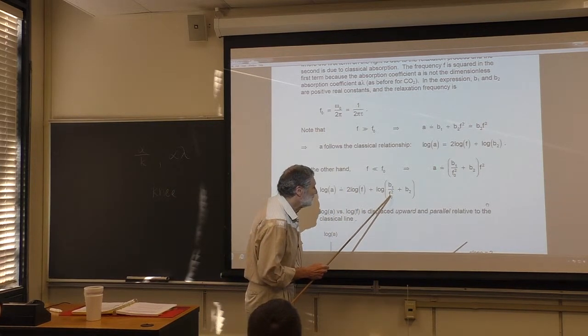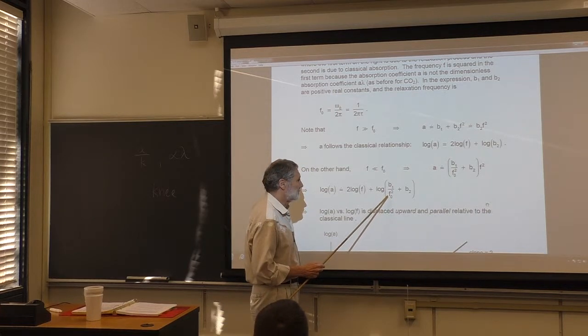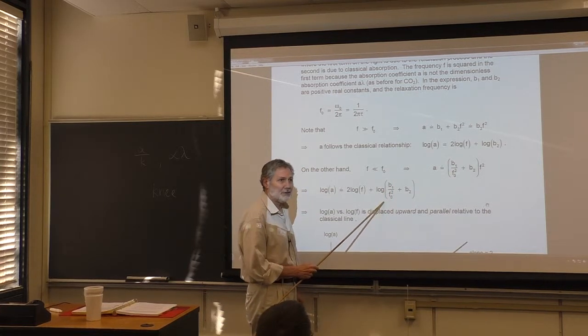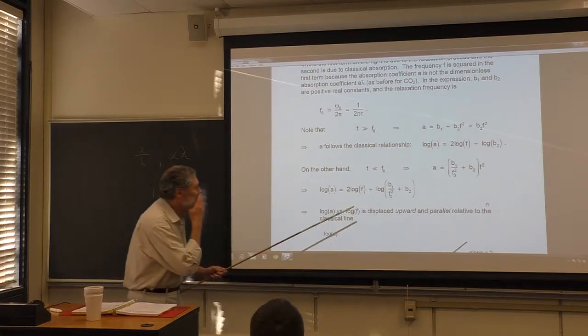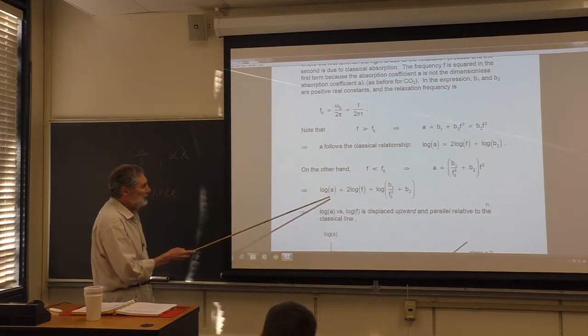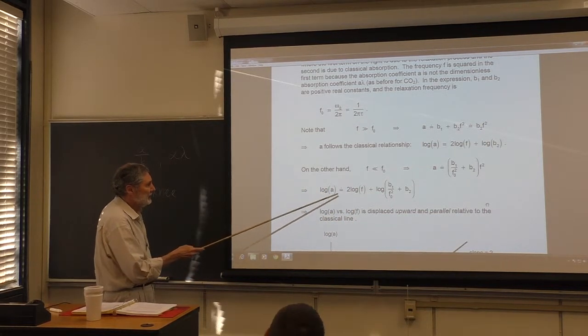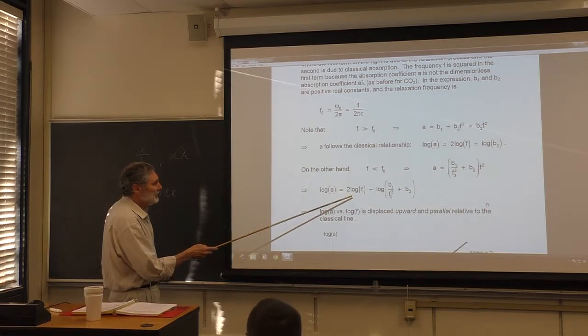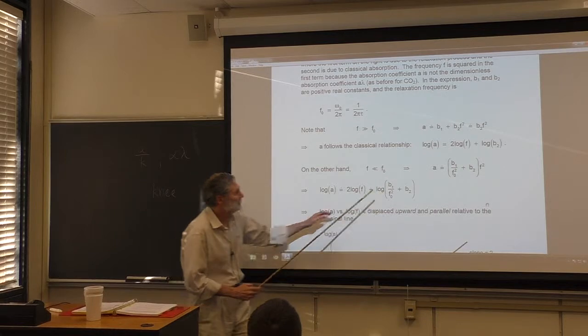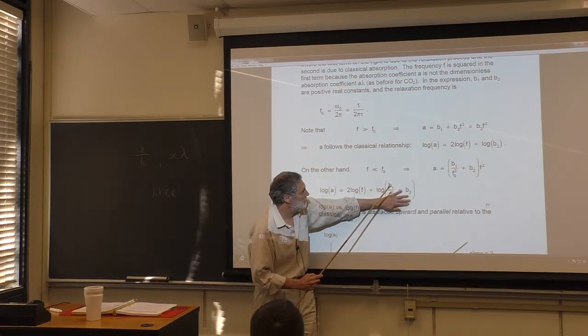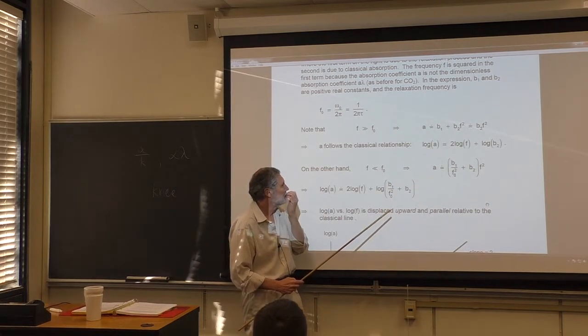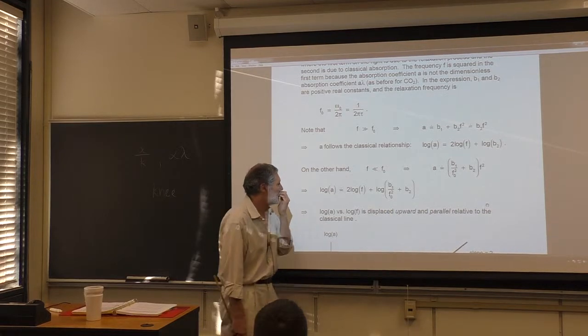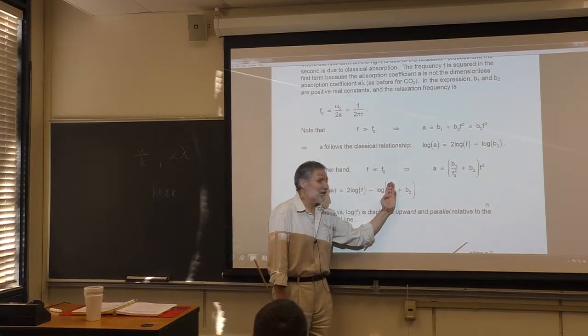And then now you can see this is a constant, isn't it? So what that means is, if we look at the plot of the log of A versus the log of f, we're going to have a straight line of slope 2, but it's lifted from the thermoviscous, which doesn't have this here. Excuse me, the thermoviscous has that.